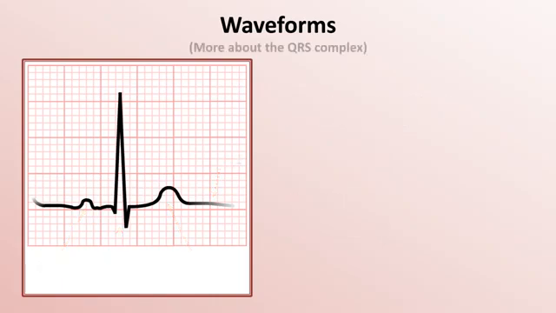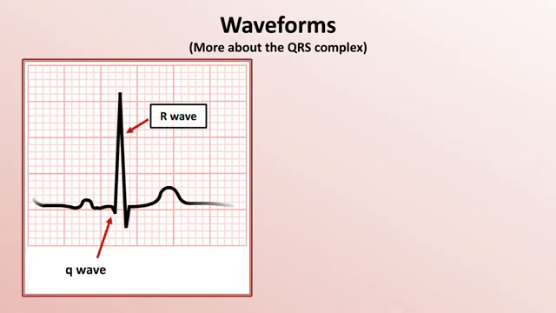A quick word more about the QRS complex. The complex can actually be broken down further into the upwards or positive deflection known as the R wave, the preceding downward or negative deflection known as the Q wave, and the following negative deflection known as the S wave. There are some conventions regarding labeling of the QRS complex of which you will need to be aware.